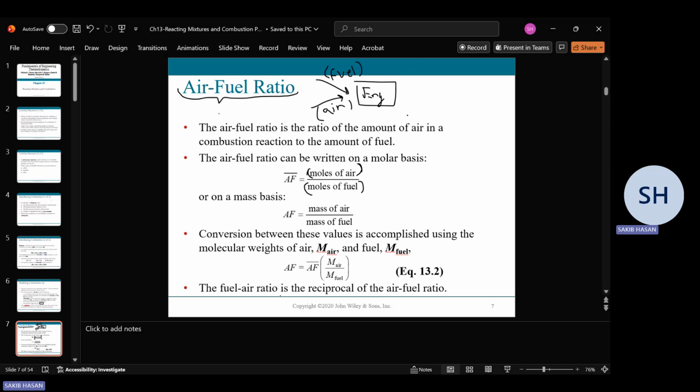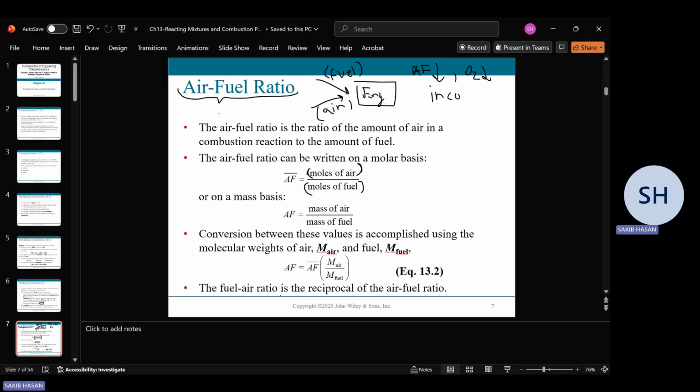So what does that mean? If the air-fuel ratio is very low, there's a chance that there's not enough oxygen for a complete combustion. So then you're getting an incomplete combustion.